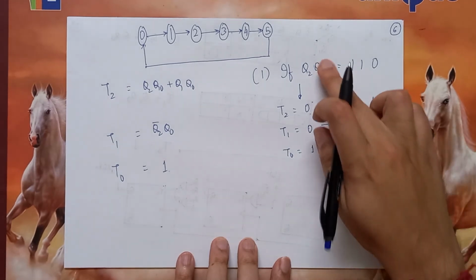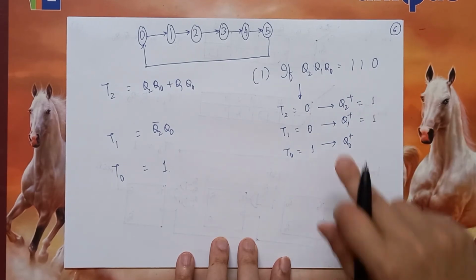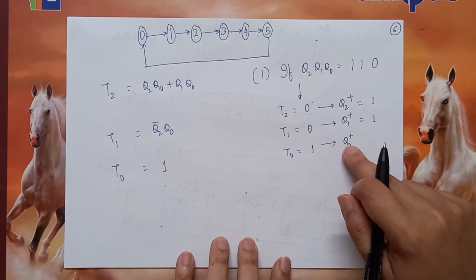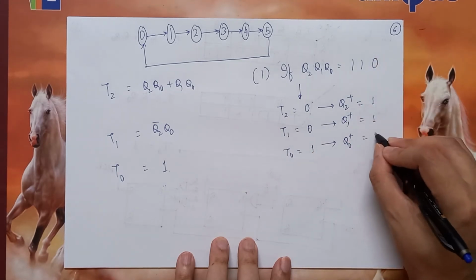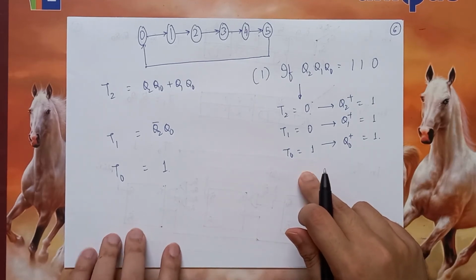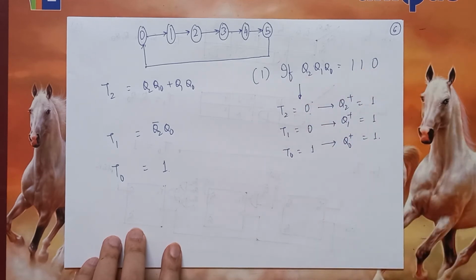Likewise, Q1 plus will be the same as Q1, that is 1. However, here T0 is equal to 1, so Q0 plus will be equal to Q0 bar, that is 1. So if the present state is 6, the next state is 7.